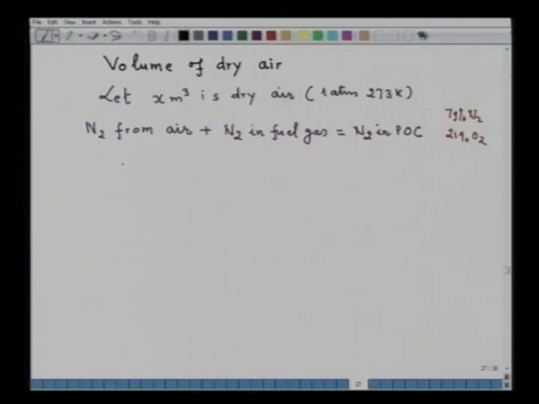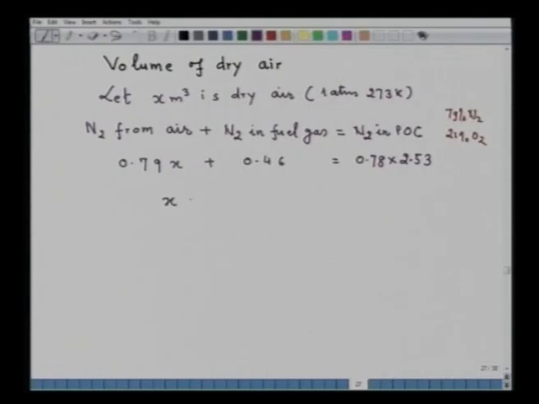So, I can straight away write down 0.79x plus 0.46, that should be equal to nitrogen in POC, given as 0.78 into 2.53. 2.53 is the volume of dry POC at NTP. So, from it straight away I can solve the value of x.